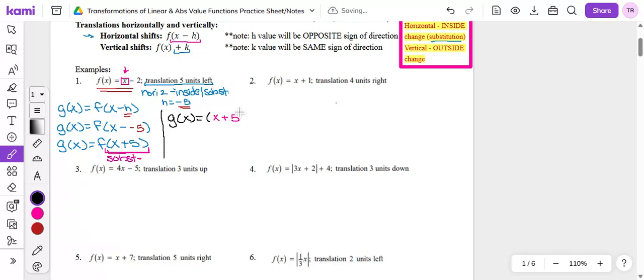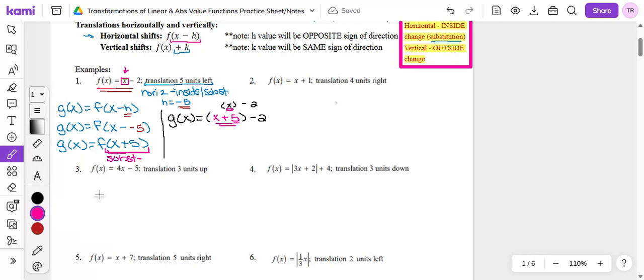Okay, so here's my x plus 5. I replaced it into that x position, and then I still have a minus 2. So again, this was x minus 2, and I substituted that x with what I came up with. The shift of the x values left 5 units was x plus 5.